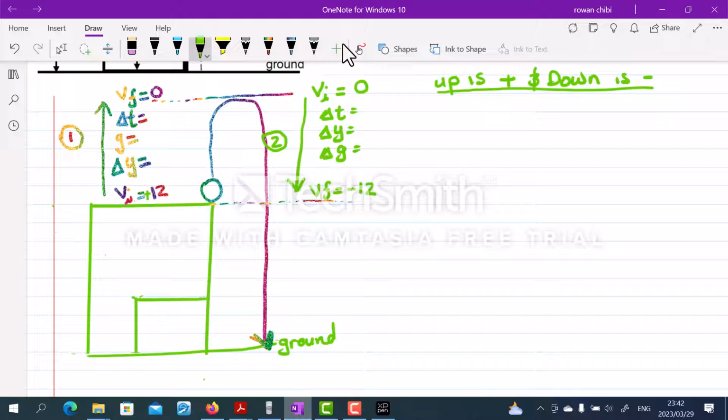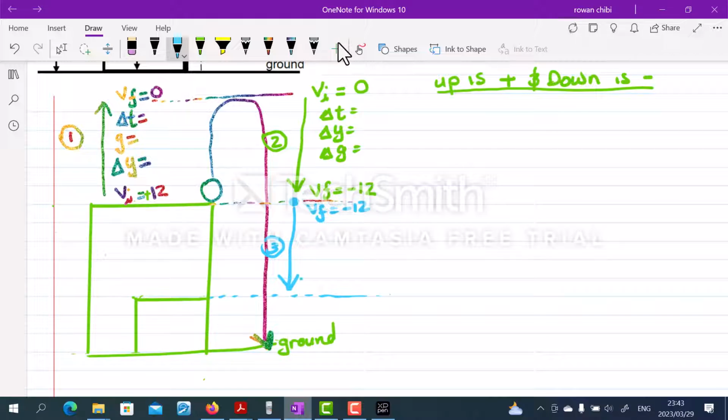So let's call this section number 3. The ball is still going down. At this point on section 3, the velocity is still negative 12. It's the same point.